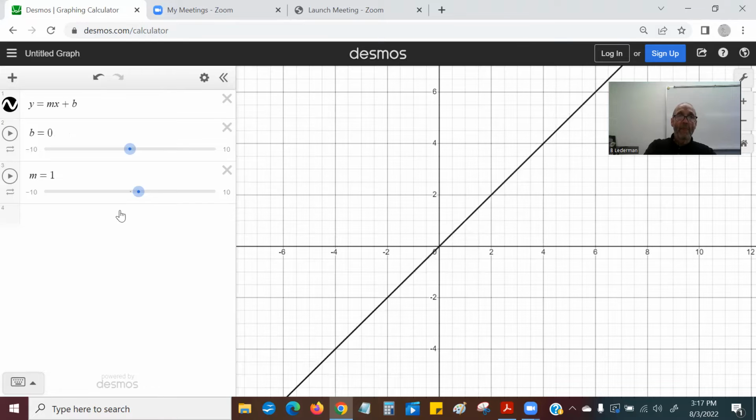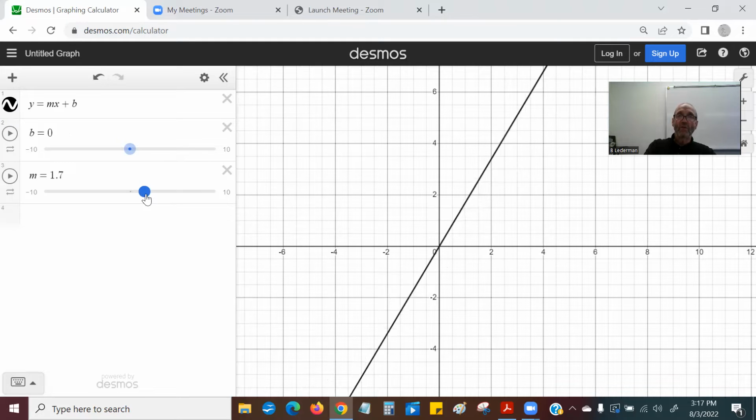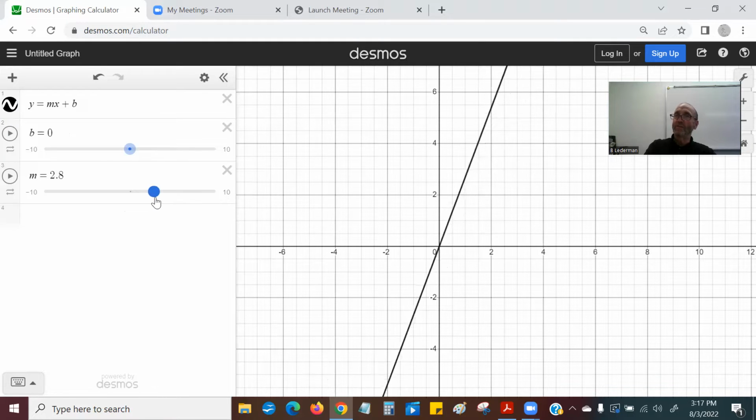Now let's look at m. M, as you notice, is increasing. Increasing means that as x goes in the positive direction, y is going up higher. That means it's an increasing function. Y increases as x increases. Now, right now the slope is 1. If I make the slope bigger, you notice that the line gets steeper.